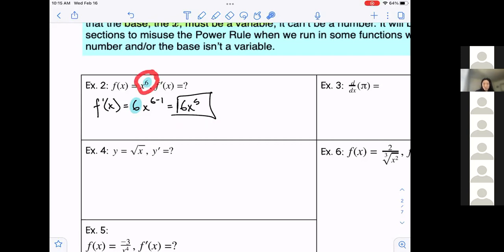So essentially, derivative is a process, not a label. Does that make sense? The slope you said was 6, but the 6x to the 5th power is the derivative.